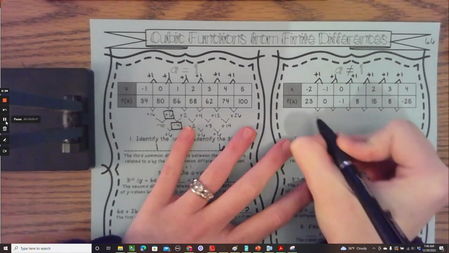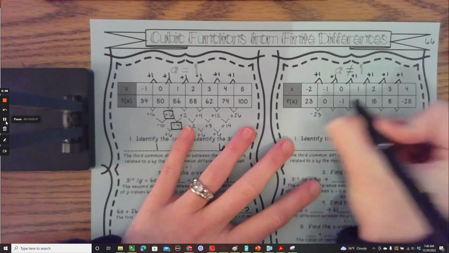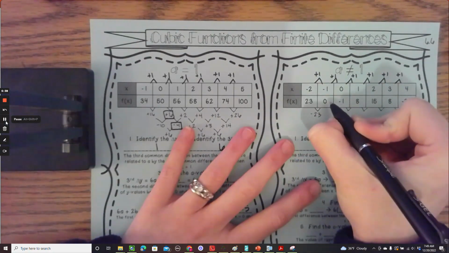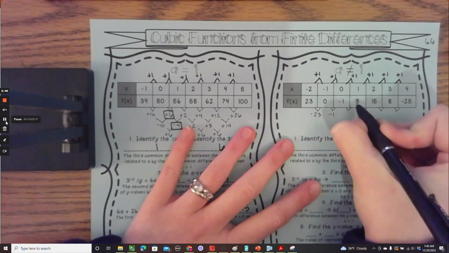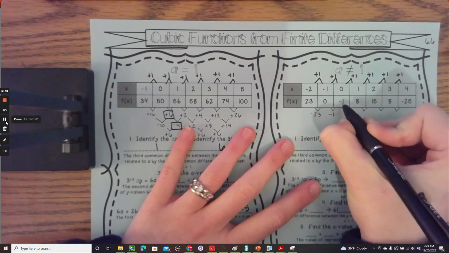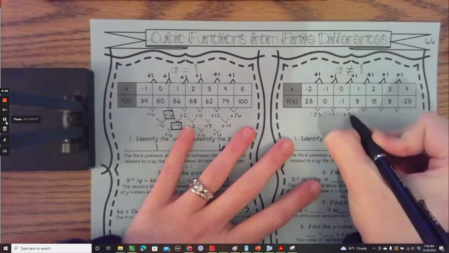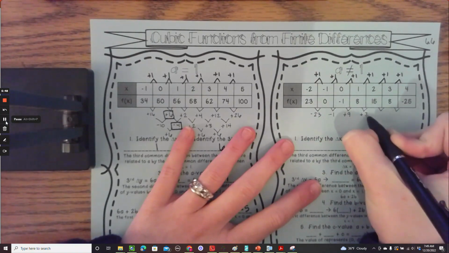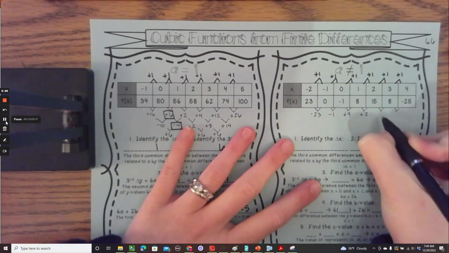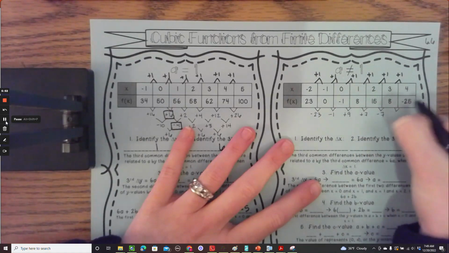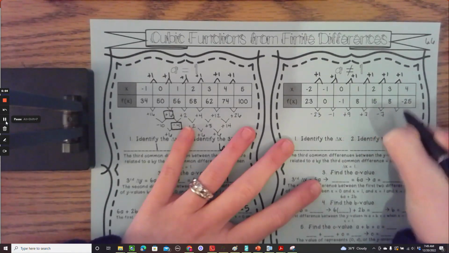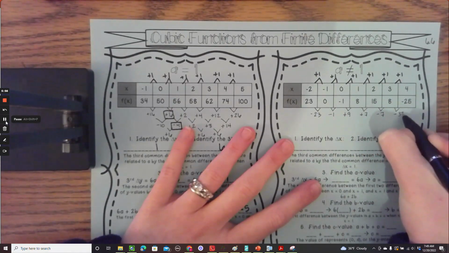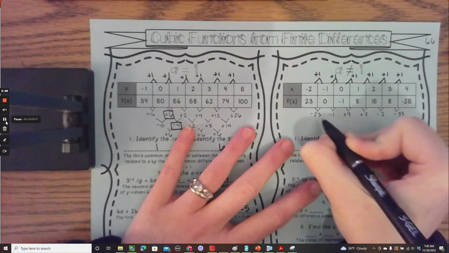So 0 minus 23 is a negative 23. Negative 1 minus 0 is a negative 1. 8 minus a negative 1 is a positive 9. 15 minus 8 is a positive 7. 8 minus 15 is a negative 7. And then negative 25 minus 8 is a negative 33. So that's the first change.